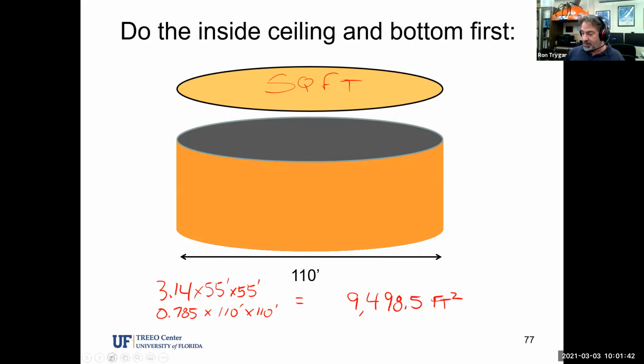Now that is just for one of the shapes, just for one disc or one circular shape. So imagine up here at the top, I'm going to write that number in: 9,498.5 feet squared. That's the ceiling. There's another shape that we're going to paint, which is the floor. So we have to remember to multiply this by 2 because there are 2 of those shapes.